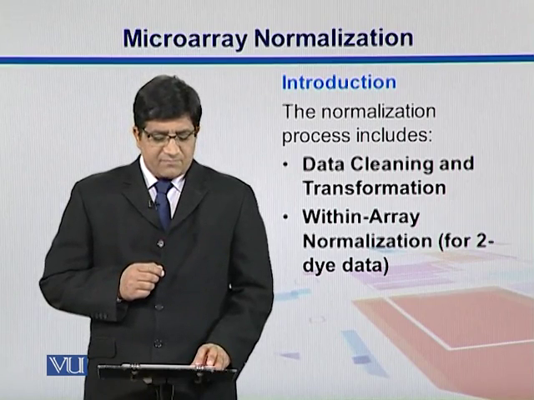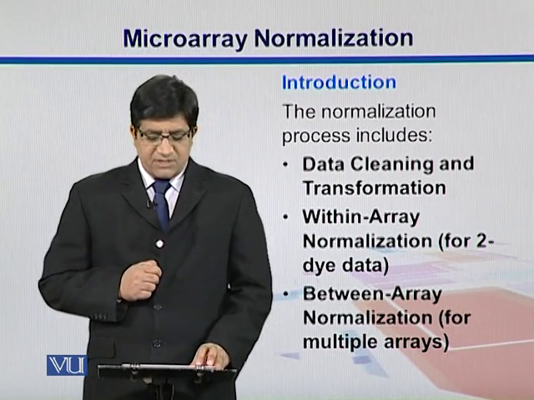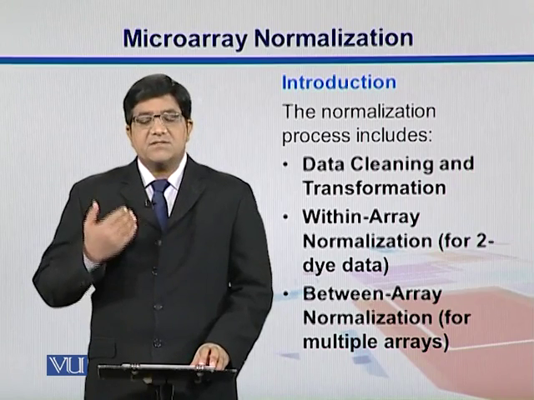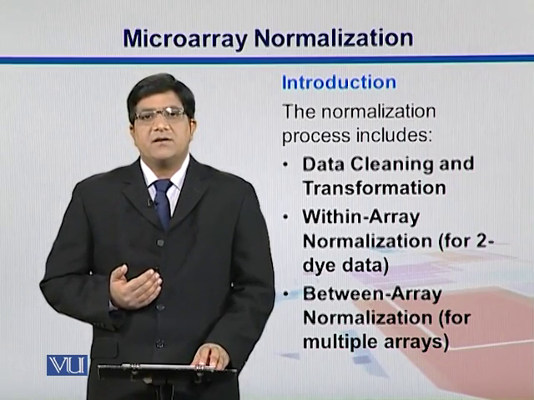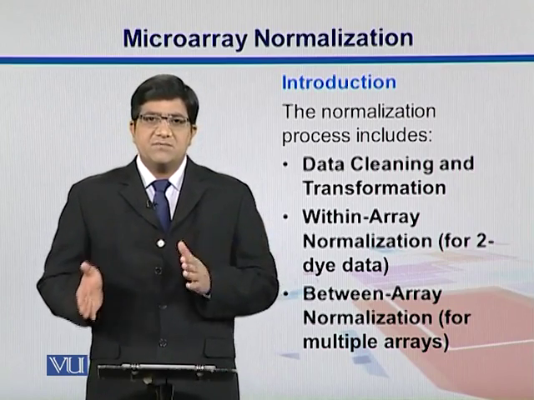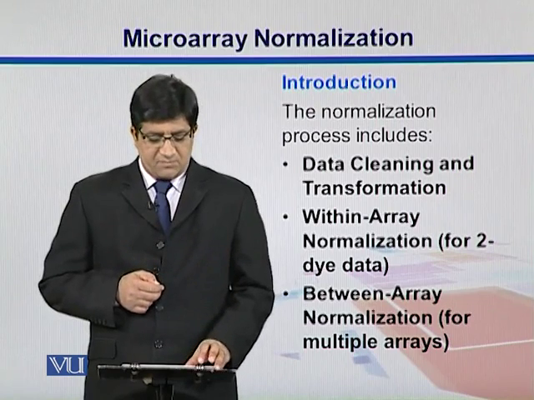We also have between array normalization. If we have multiple arrays within the same experiment, we might have one array performing differently than others, so we need to take that into account. In this way, we need to do between array normalization.